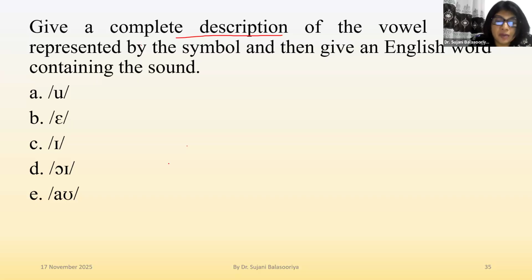Okay. Lips spread vowel. Lips unrounded. That means lips spread. Okay, fine. Then D and E, the last two.